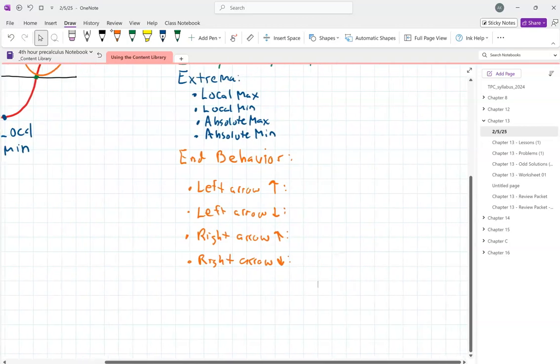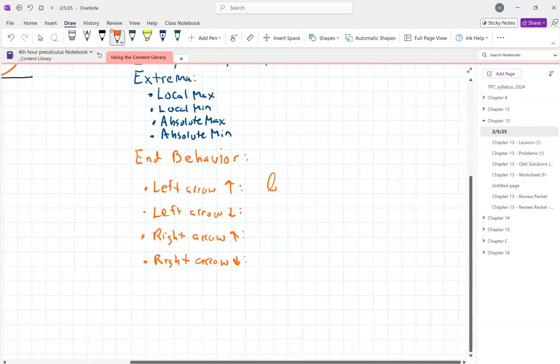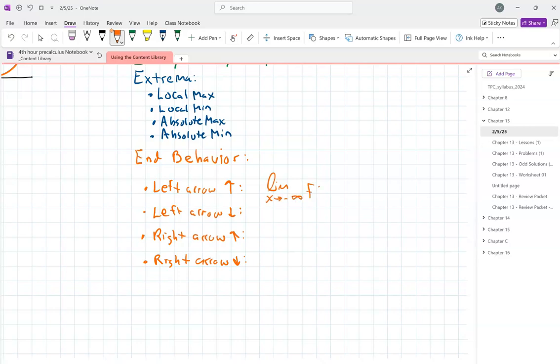So the way we're going to write this then on our sheet of paper is we're going to say the limit as x approaches negative infinity of f of x is equal to positive infinity, and then the limit as x approaches negative infinity of f of x is equal to negative infinity, and the limit as x approaches positive infinity of f of x is equal to positive infinity, and the limit as x approaches positive infinity of f of x is equal to negative infinity.